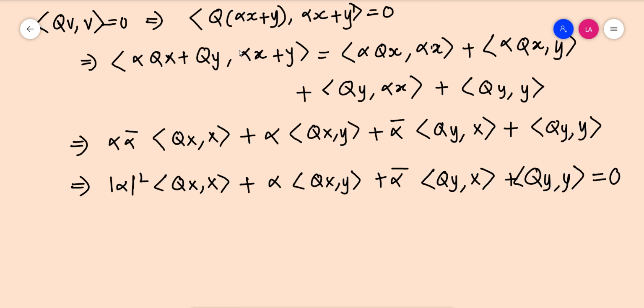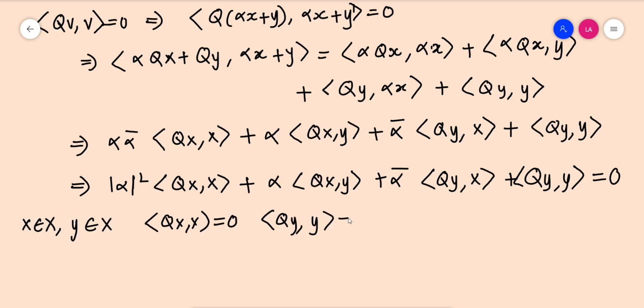This should be equal to 0 by our assumption that inner product ⟨Qv, v⟩ is equal to 0, where v is taken to be αx plus y, an element of capital X. Since x is an element of capital X by our assumption, and y is an element of capital X, inner product ⟨Qx, x⟩ is equal to 0 and inner product ⟨Qy, y⟩ is equal to 0.